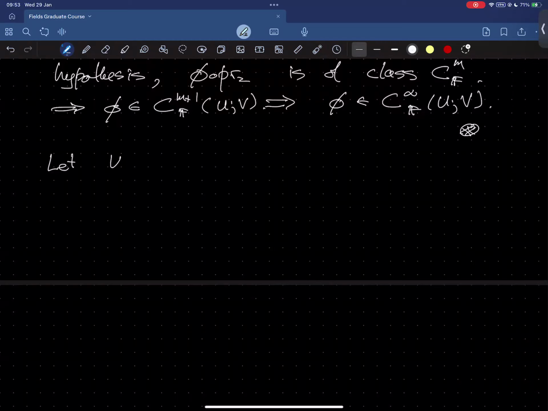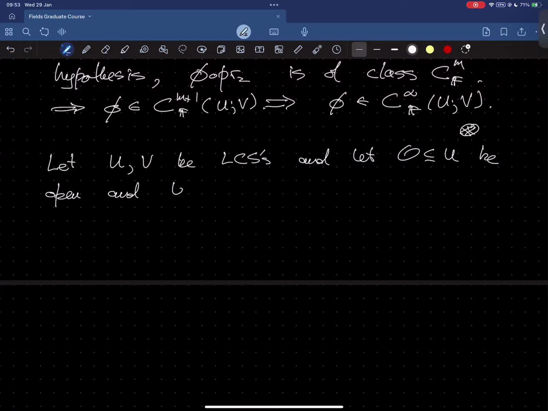All right, so we let U and V be locally convex spaces, and let O be open, and we let phi be C^k, let's say. It doesn't matter. We're going to take k large enough that everything we say is going to make sense.